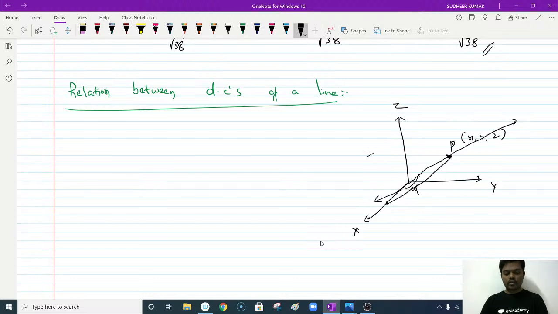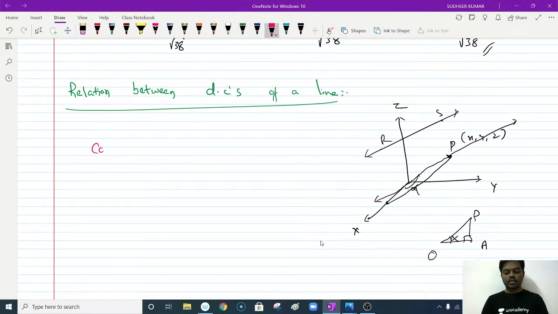Draw a line parallel to this. Suppose we take this triangle: this is O, it makes angle alpha, this is A, it makes angle 90 degrees, and this is P. Let us find the direction cosines.